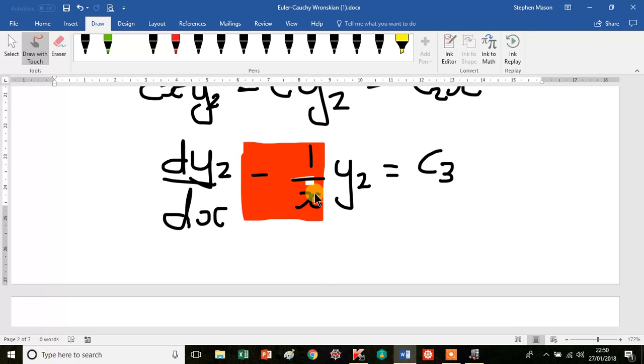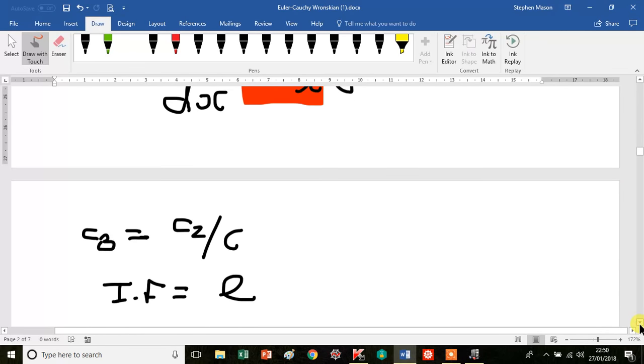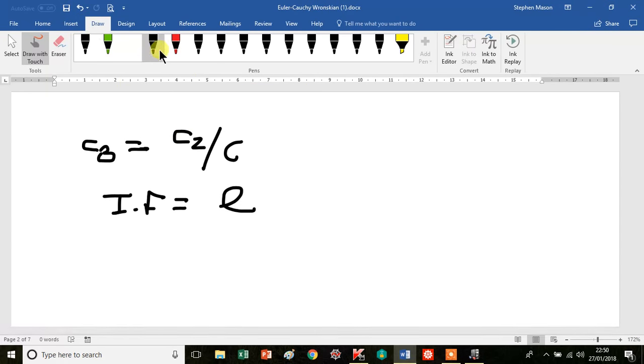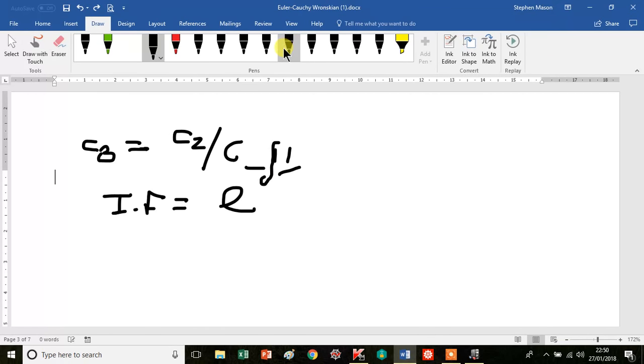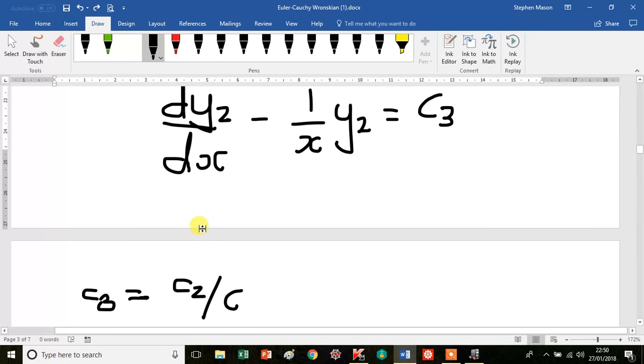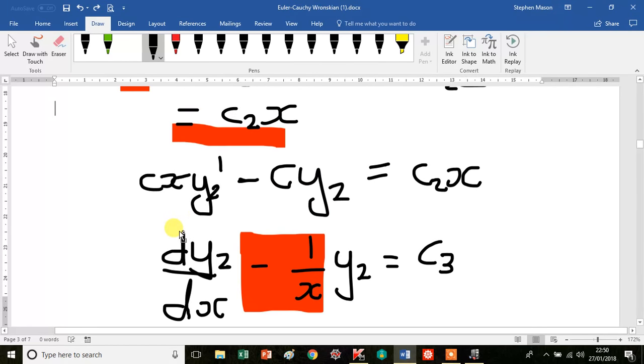So this is our indicial part of the exponential. So we've got e to the minus integral of 1 over x. I'm actually going to delete that and make it a little bit more clear. Right.